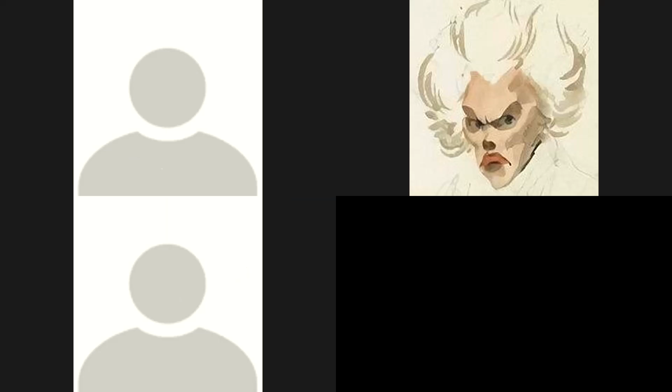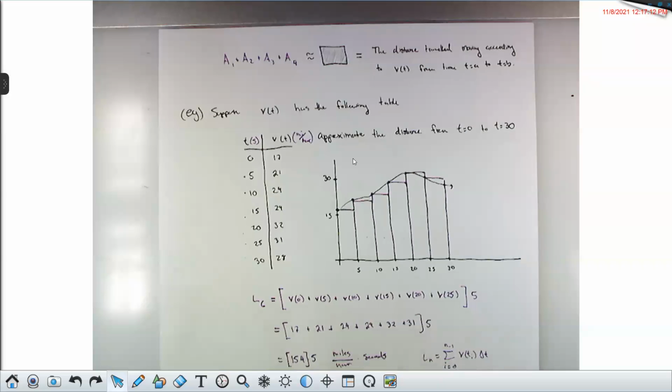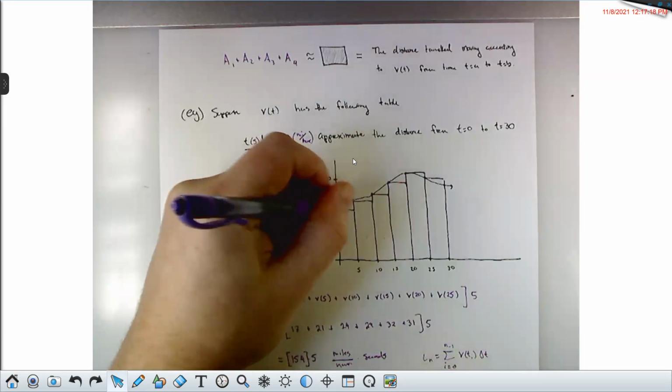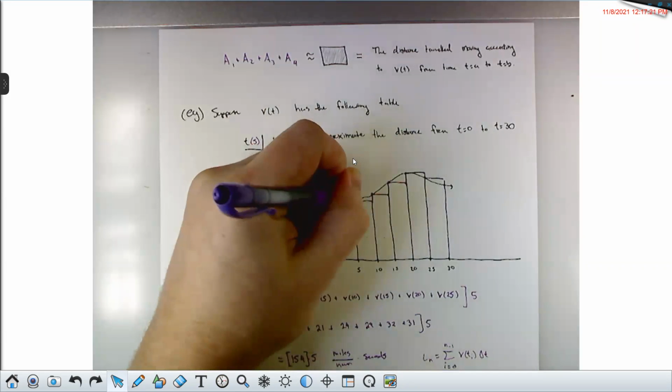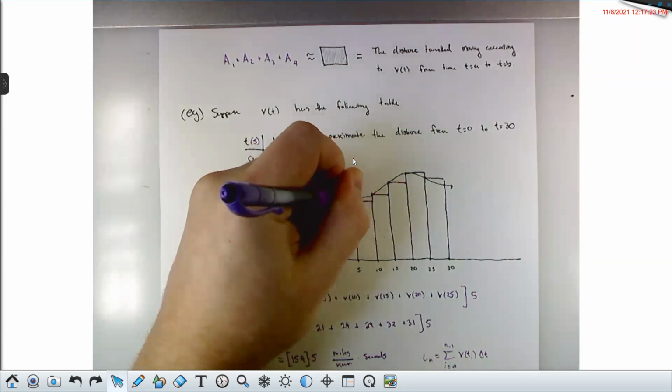I have questions about your graph. Sure, could you show the graph again? Yes, sure. Here we go. So this is the picture. For the left endpoints L6, from 0 the graph is 17, right? 17 multiplied by 5.